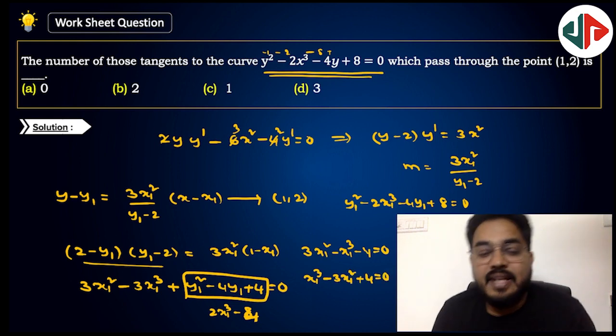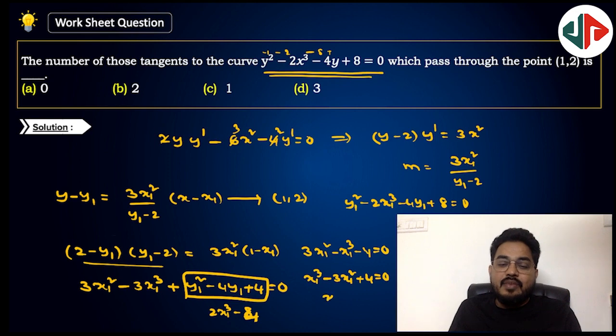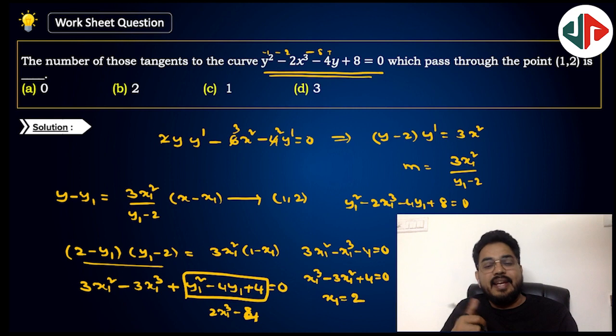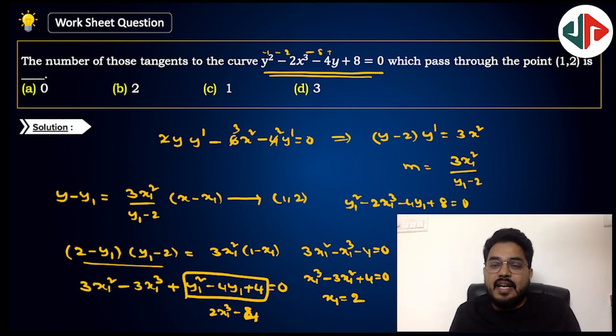So what is the m value? Clearly x1 is equal to 2. Are there any other points?